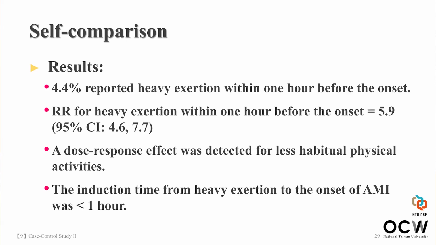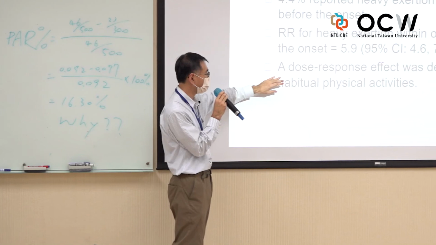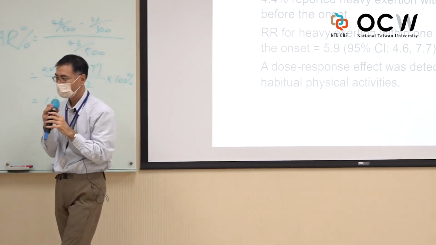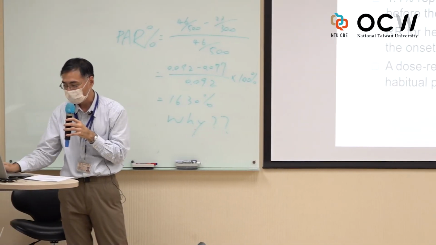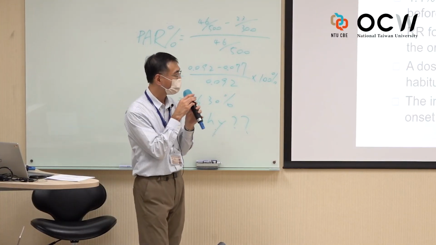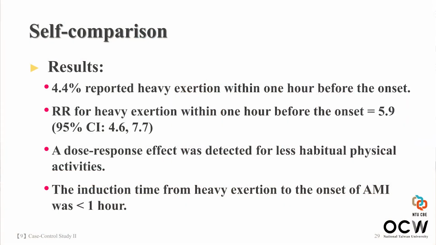And you could find a dose-response effect for less habitual physical activity. For the ones who don't really exercise a lot, you could find a dose-response effect like what we observe here. So if you don't exercise much every single day, then it's more likely to happen to you if you have very strong or very intense exercise.